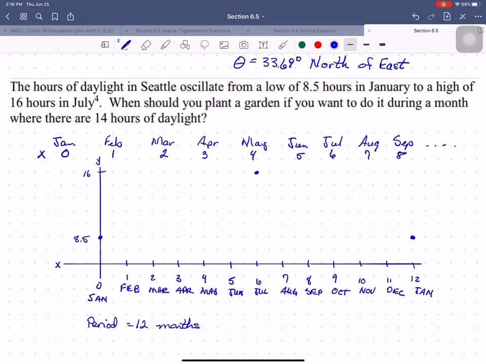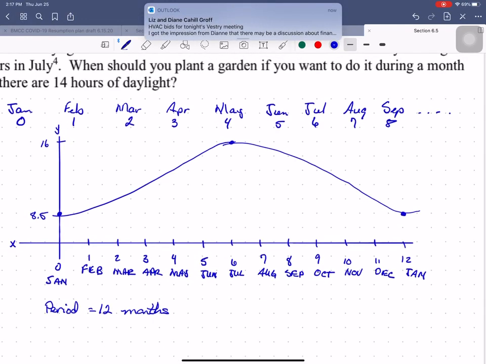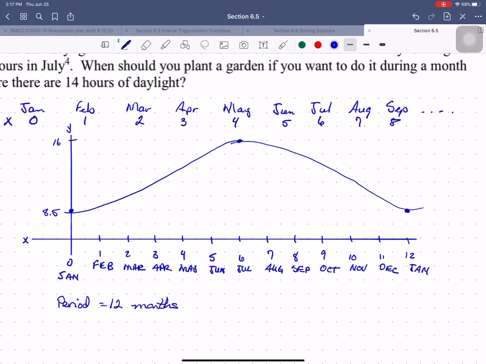So let me sketch this guy. I do a better sketch when my scale's a little smaller. All right, so there we go. What does that look like?